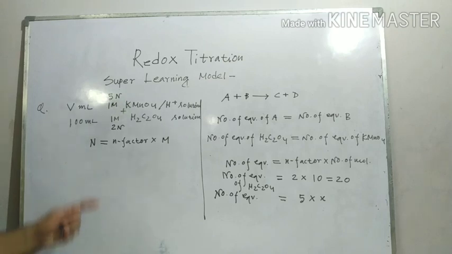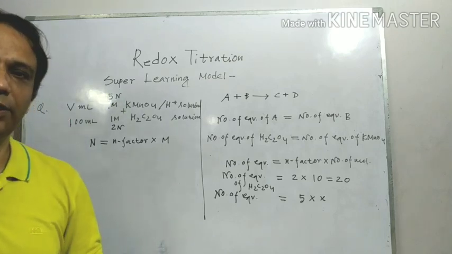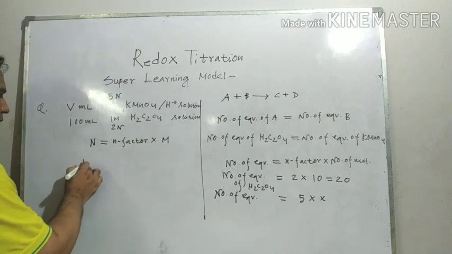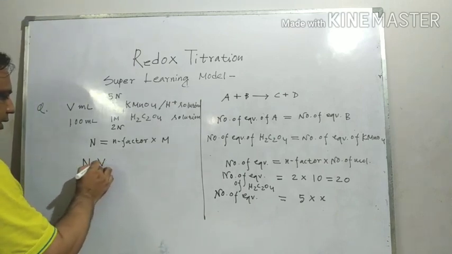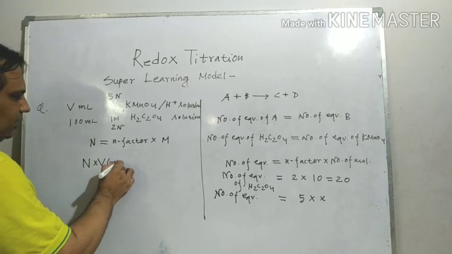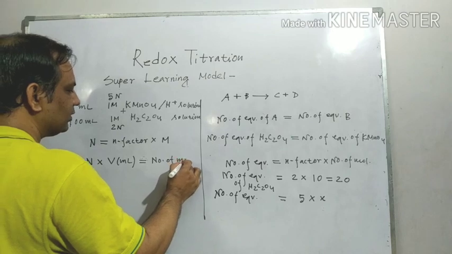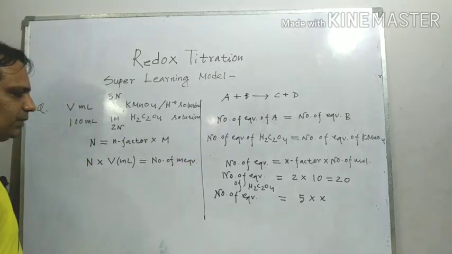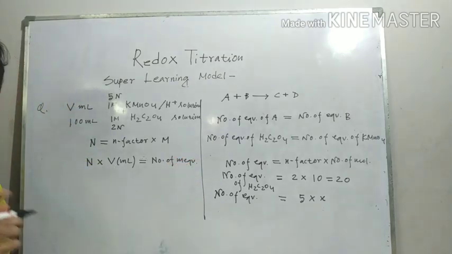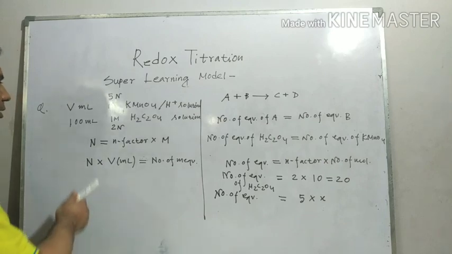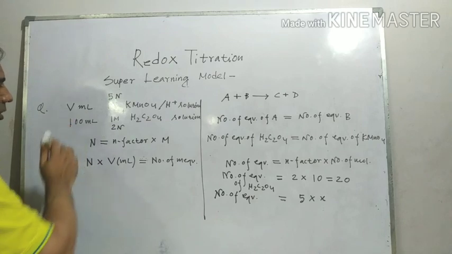Now again I am telling you, when volume is given in milliliter, remember one thing: if you multiply normality and volume, and the volume is given in ml, you will get number of milli equivalents. And remember, if the volume is given in liter, you will get number of equivalents. But in most of the cases, the volume will be given in milliliter.